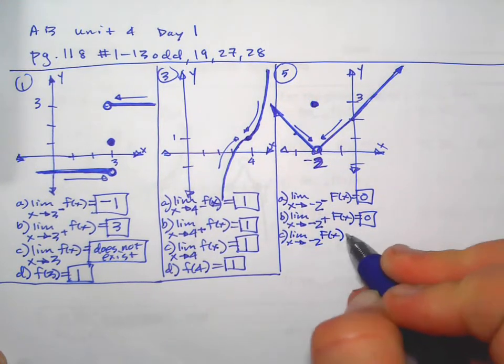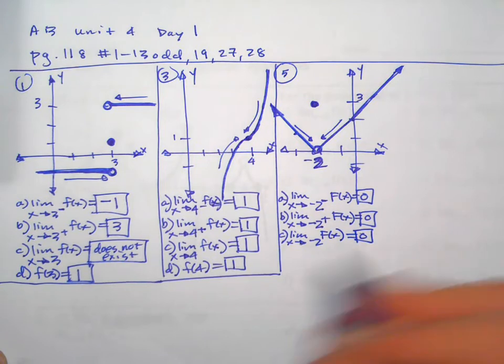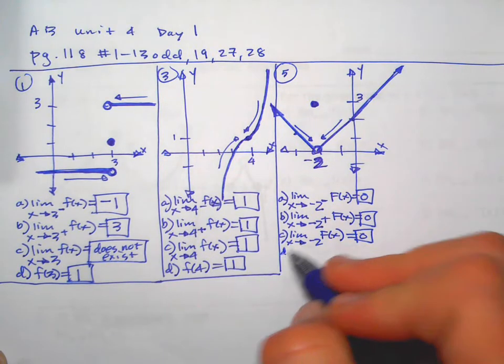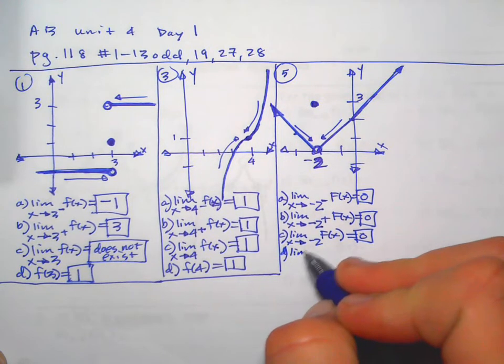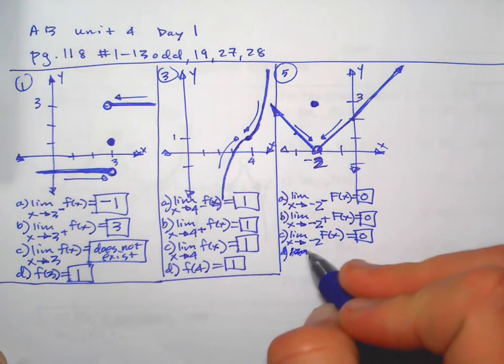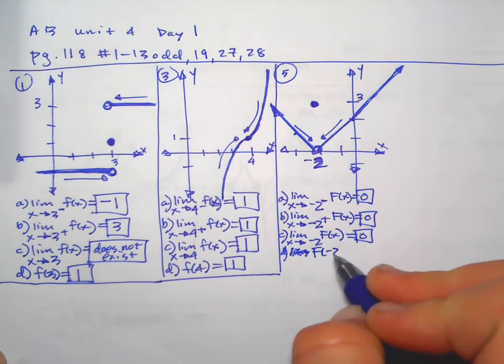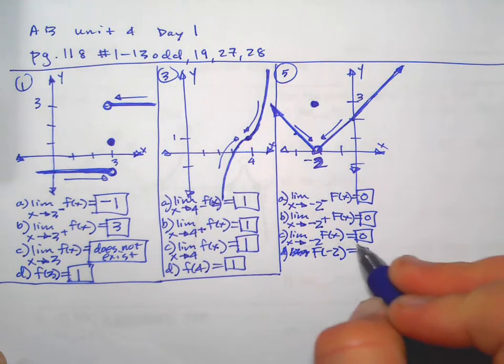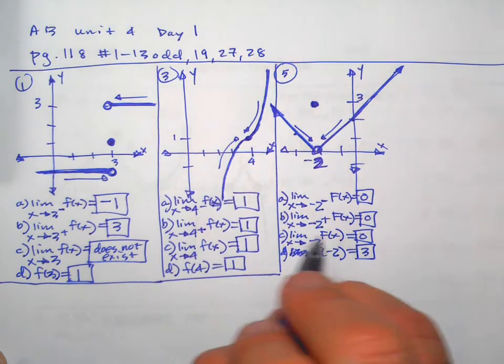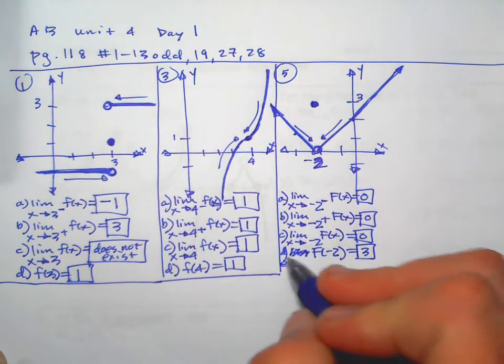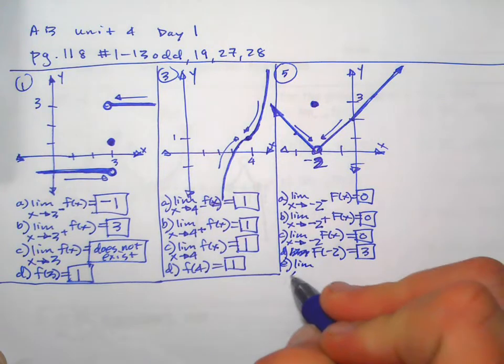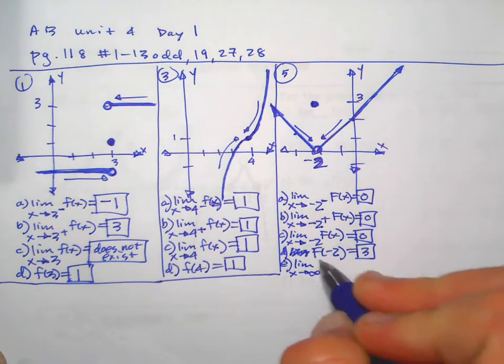Well, they agree, so it's going to be what they both are, 0. D is the value of the function at -2, which is actually 3. There's a jump. And then E, the limit as x goes to -infinity of f of x.